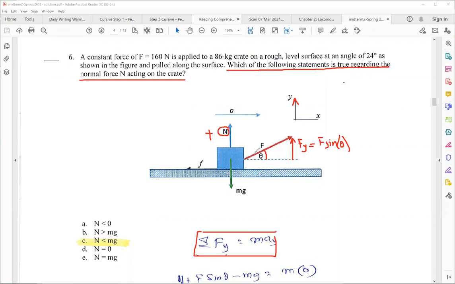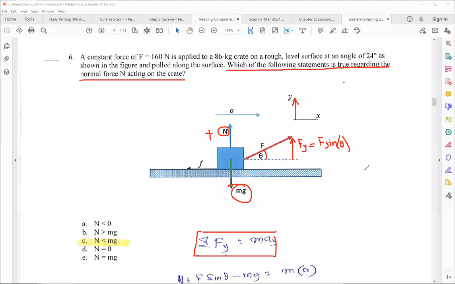And what else can we project along y? We have also mg. Now mg, are we taking it positive or negative? Mustafa, yes, negative, of course negative, because it's pointing down, I'll take it as negative.